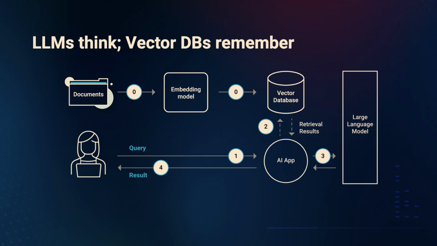So if your system prompt does not say, if you don't find any information in the part that I sent you, please say, I do not know, and don't make up your own thing.